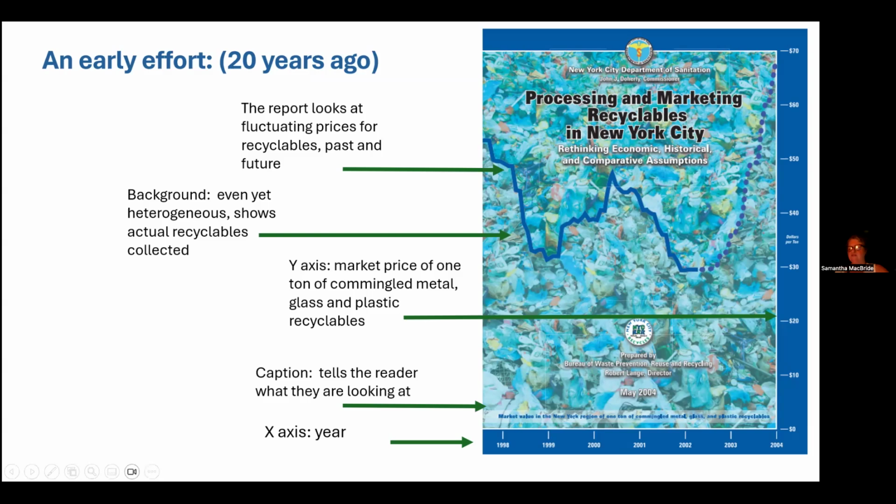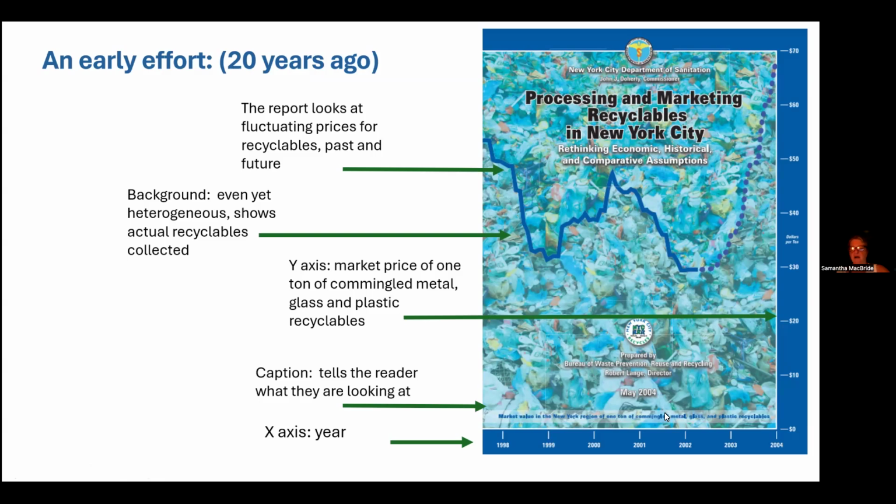The x-axis is the year, and if you're wondering why these dots are here, I finished the cover in late 2002, and I was predicting the future based on other research for prices. It took that long to actually publish the report until 2004, which is typical of government.